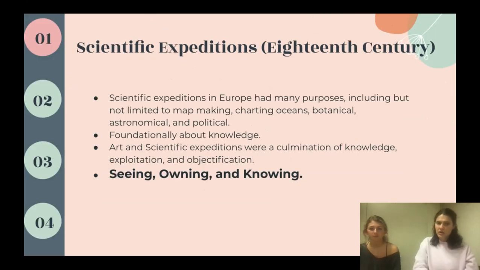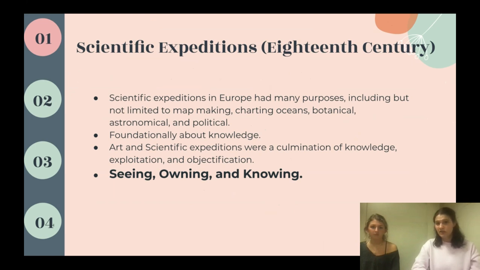Okay, so firstly, we need to recap a little bit on scientific expeditions in the 18th century and their significance. Most importantly, scientific expeditions in Europe had many purposes, and several were completed all throughout Europe. These included, but were not limited to, map making, charting oceans, botanical, astronomical, and political.